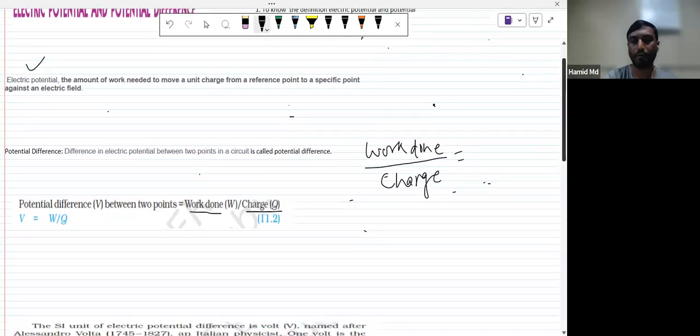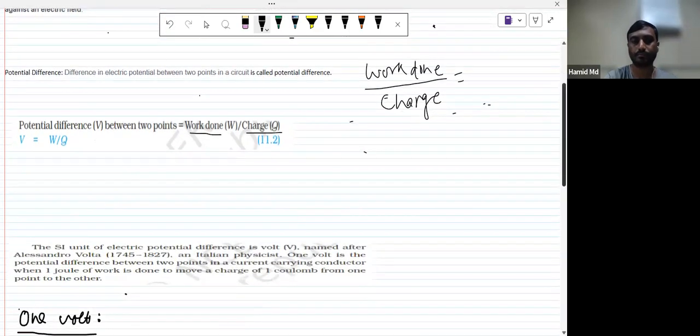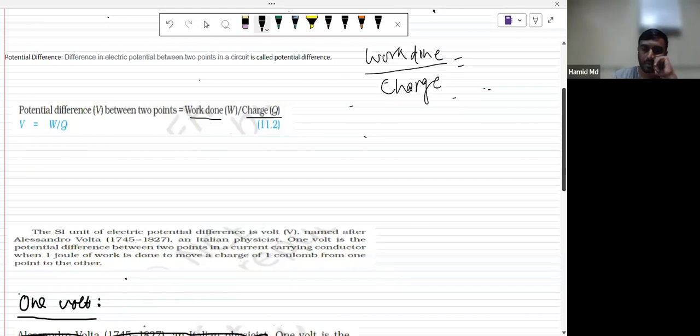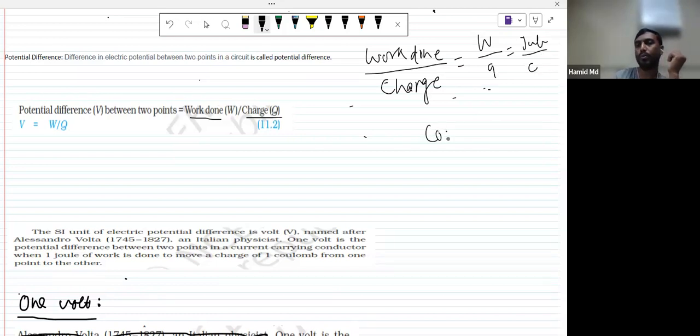W is the symbol of work. The unit of work done is joule, and that of charge is coulomb.